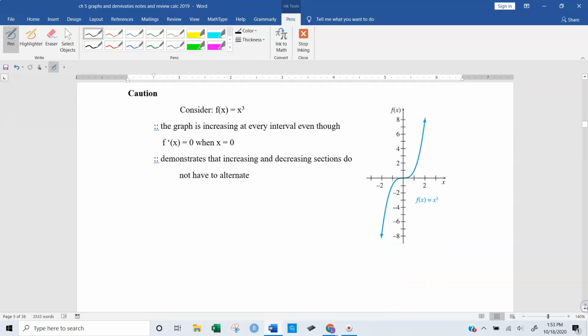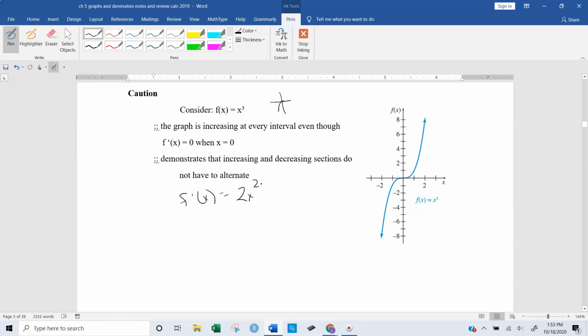All right, some things to remember. The graph is increasing on every interval, even though f of x equals 0. You know your x cubed. I know you know. So you start at 0, and remember he went up and he went down. You know what this looks like, but let's look at y. So now when you do your first derivative of this guy, you get is equal to 2x squared.